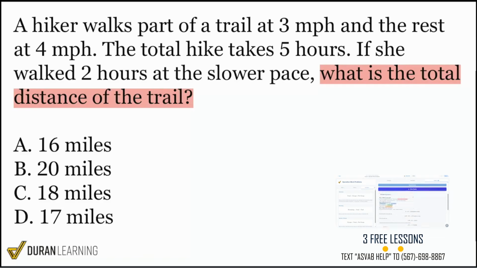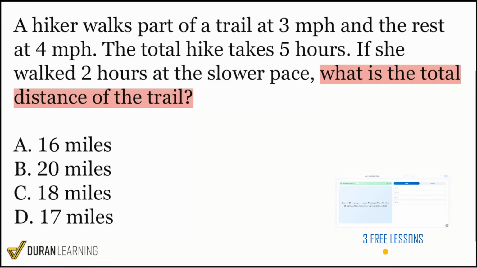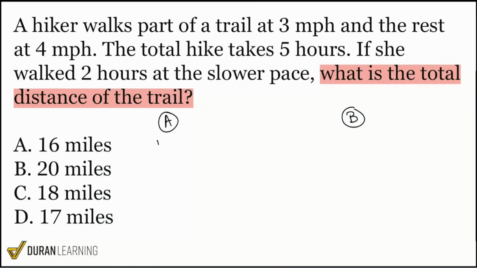Because if you think about it like this, let me present this example in a straightforward way. If we're talking about this person's hike as part A of the hike and part B of the hike, let's suppose that part A was 10 miles and part B was 5 miles. Again, these are just numbers I'm throwing out there.